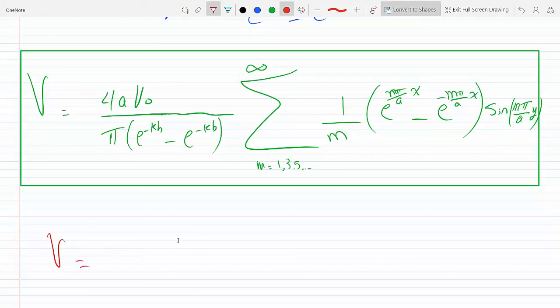This is 2, so you get 2AV0, right, over pi sine hyperbolic kb, right?